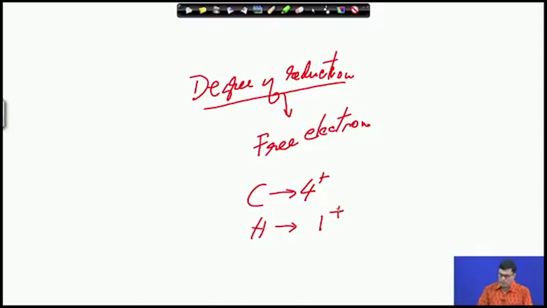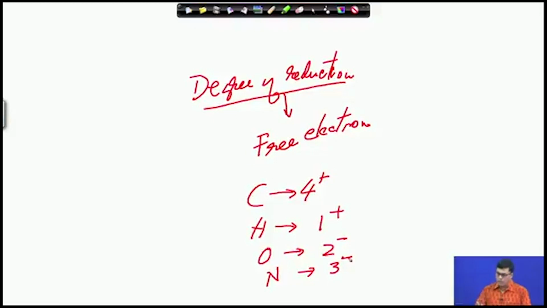Oxygen usually takes 2 electrons, so it is minus 2. For nitrogen, in the outermost orbit it can take 3 electrons, so it is 3 minus.